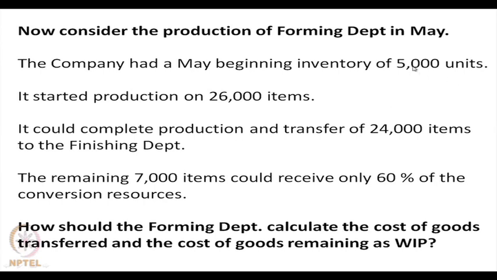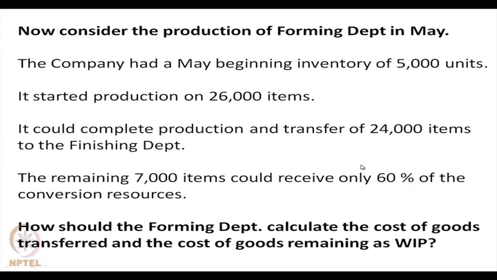So, 5,000 plus 26,000, 31,000 were being processed in May, of which 24,000 items were completed and 7,000 items remained as work in process. And it is estimated that on an average each of these items that remained with the forming department received only 60% of the conversion resources.